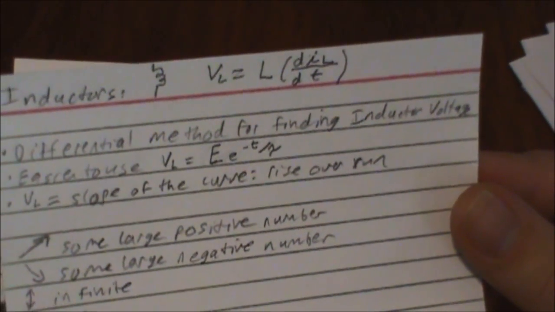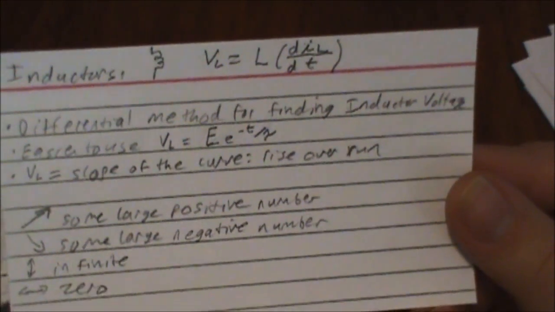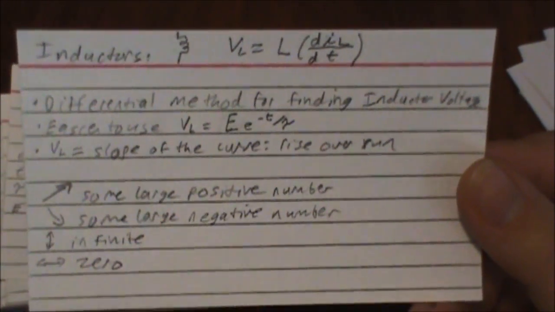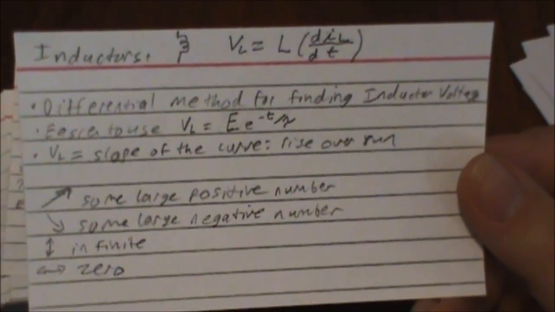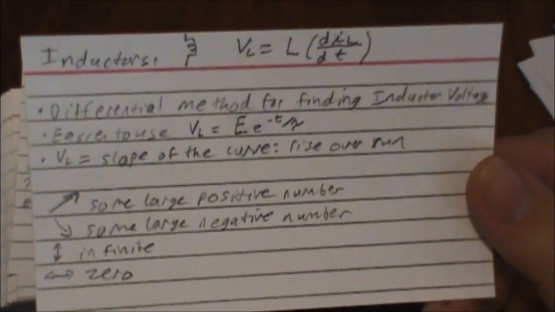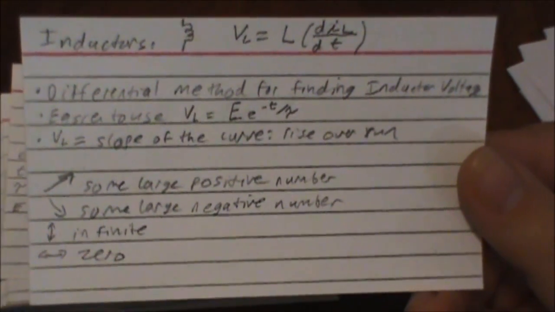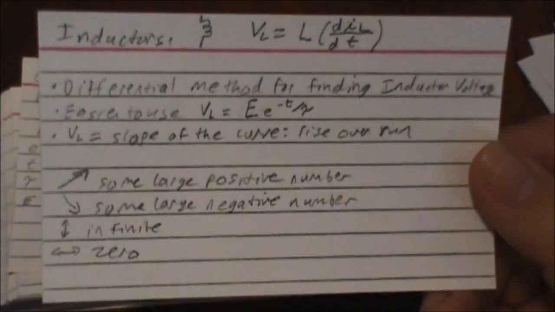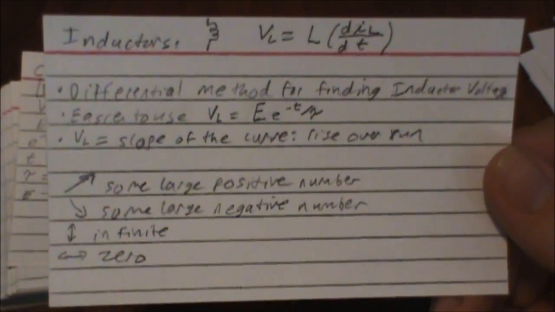In fact, just about everything I've been taught in these classes, which I've aced, getting straight A's, I didn't really need calculus, but differential equations are about the easiest form of calculus. You can know that in your unit circle and apply it in trigonometry. If you know that, then you should be pretty well set. So here's a differential method for finding the inductor voltage.